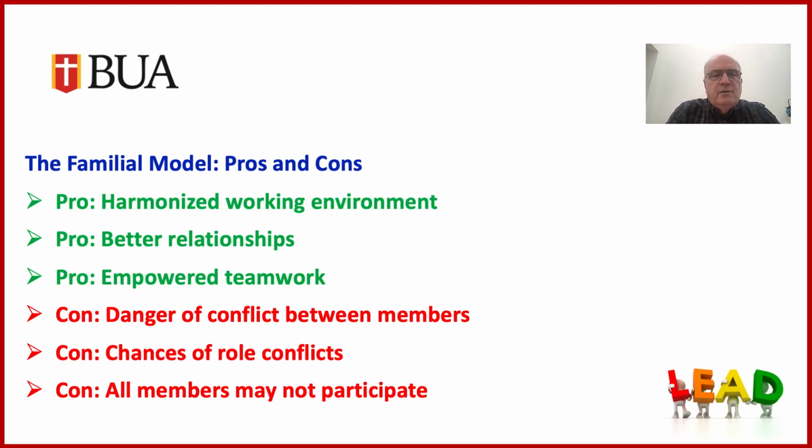Now, the familial model has some pros: a very harmonized working environment, strong relationships, and it empowers teamwork among the family. But there are the dangers of conflict between the members. Anytime you get one member of the family fighting with another member of the family, you've got serious problems, and there's a lot of chances of role conflicts, and all members may not participate.